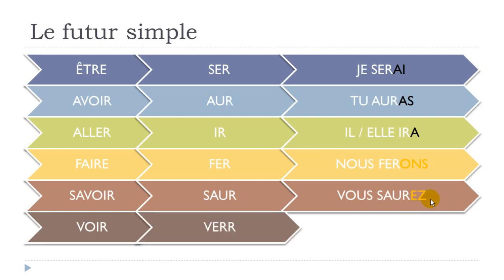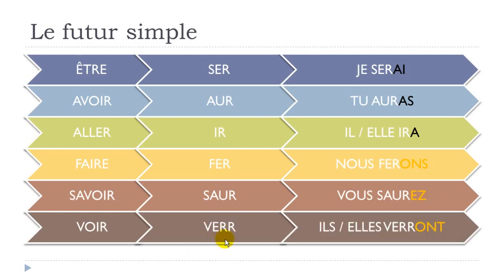Voir will become verr. Ils verront, elles verront. Alright, so remember, être is becoming ser, avoir becomes aur, aller, ir, faire, fer, savoir, saur, voir, verr. Okay, but then after all these forms, you will just put the normal endings that we saw previously. So ai for je, as for tu, a, ons, ez, ont.